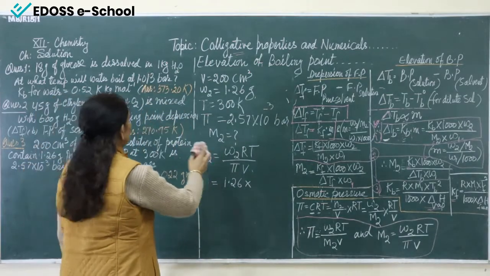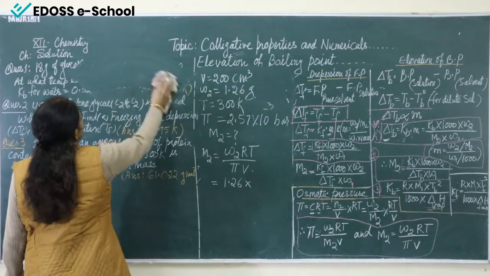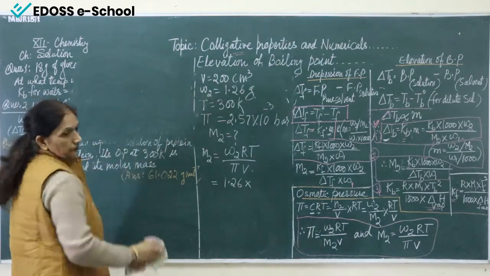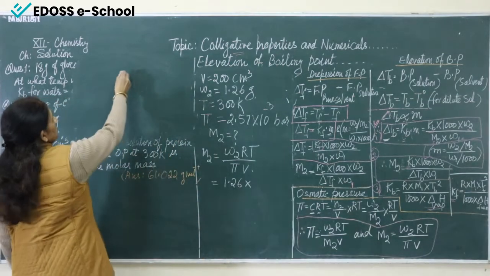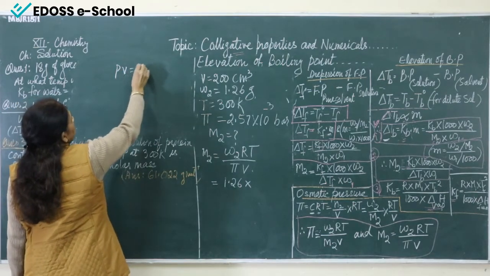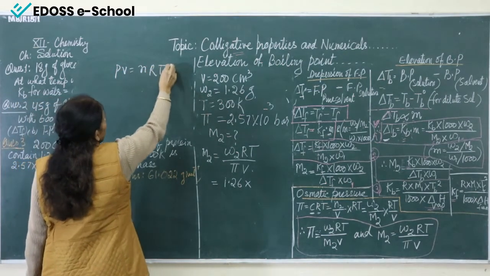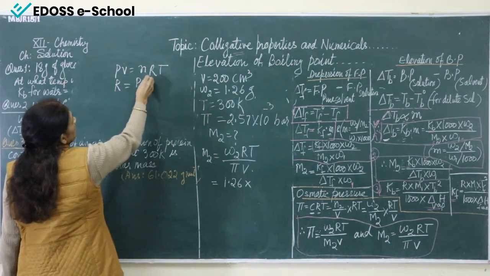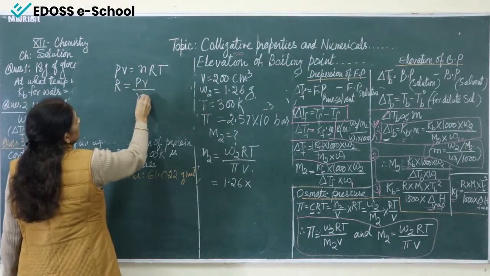This is the gas equation, PV is equal to nRT, and R is equal to PV upon nT.